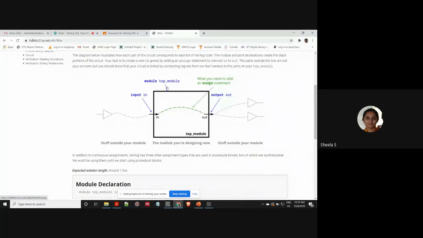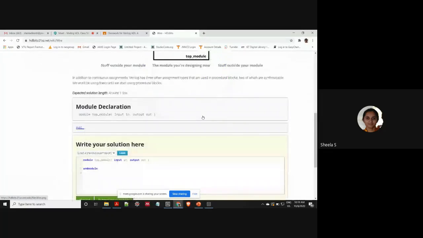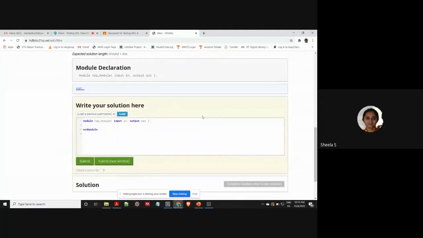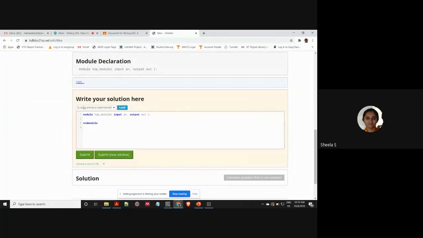Here it indicates that module top has already been declared, with one input port and one output port. The only part left out in the program is that you have to assign this input to the output. Here you can see "write your solution", where the module top definition and IO port declaration are there.